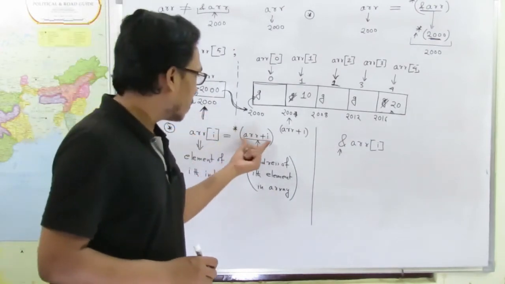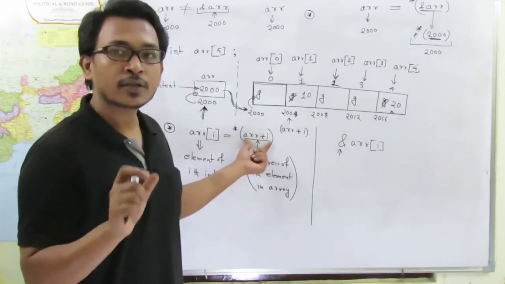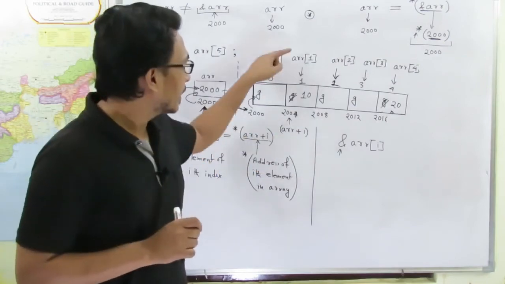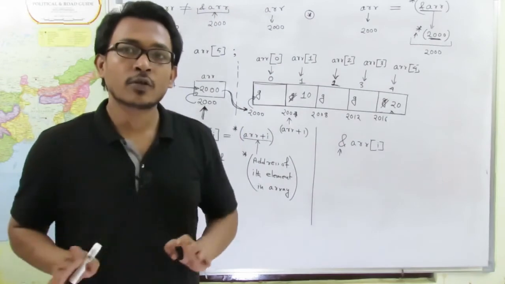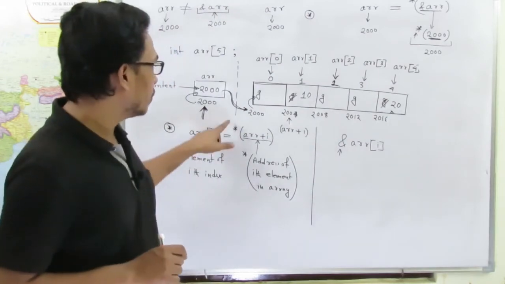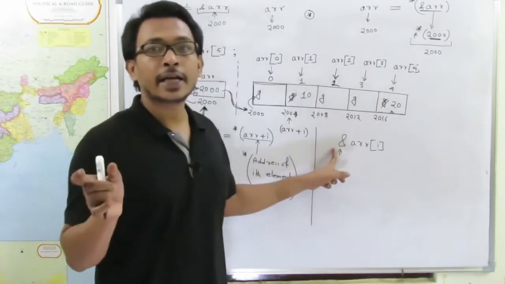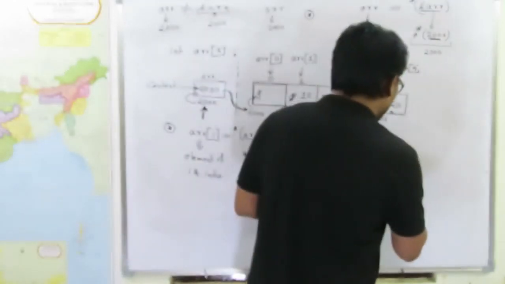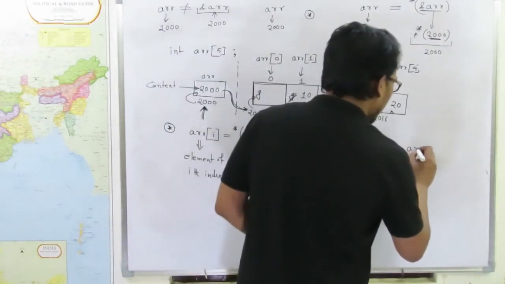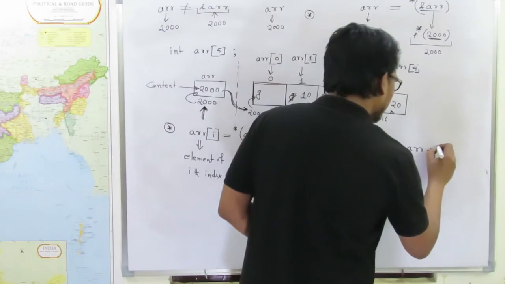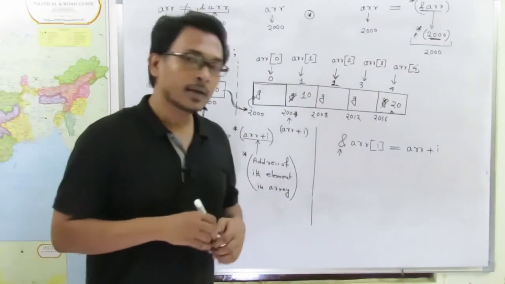That means whatever is present inside the parenthesis will give us the base address of the ith element, and in this case we only need the base address of the ith element. That means there is no need to use the indirection operator in case of the address of operator present with array notation. So here the equivalent pointer notation of this array notation will be ARR plus I. Clear? Hope you understood the concept. Clear?